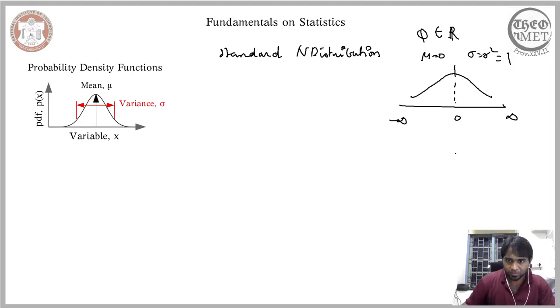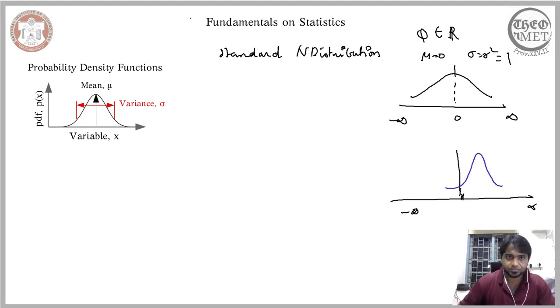It is possible for us, even when you consider a scale of this form, to have normal distributions that look like this. One normal distribution, another something like this, and something like this. So it is possible for us to have these three different normal distributions.